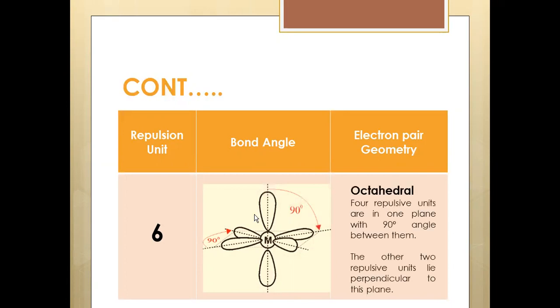So we call this the octahedron. The four repulsive units are in one plane with 90 degree angles between them, and the other two lie perpendicular. This is what we have to understand.